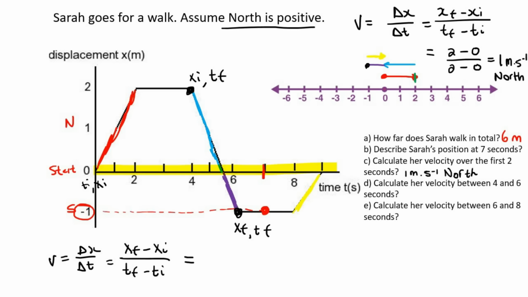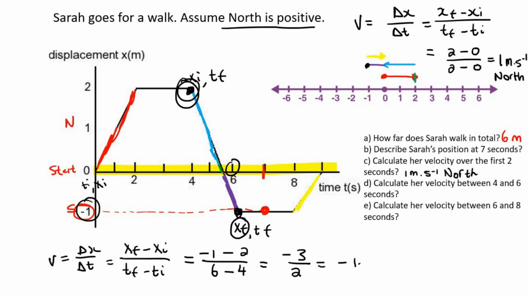That's going to be -1, because that's your final displacement, minus 2, over 6, because that's your final time, minus 4, because that's your initial time. That's going to give us -3 at the top and 2 at the bottom. So that's going to be -1.5, which is then 1.5 meters per second south. South because north is positive. So if you're getting a negative answer, then that means south.